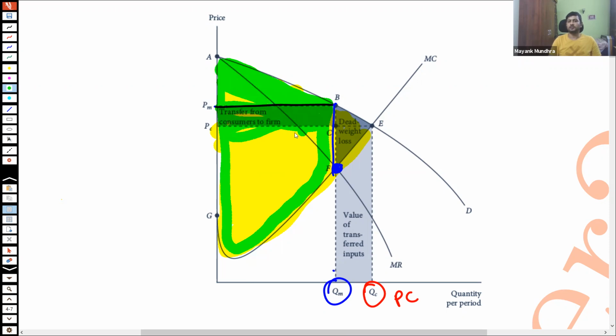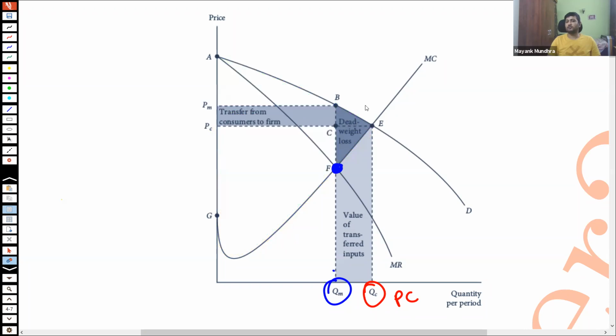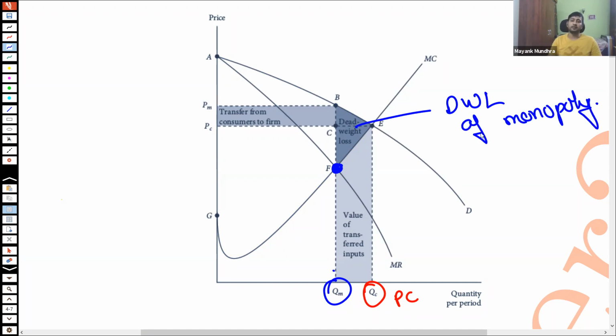This is the total welfare in case of a monopoly. The remaining portion, which is this region, is the loss in social surplus because your market is run by a monopolist as opposed to a perfectly competitive setup. So this is what you call the deadweight loss of monopoly.